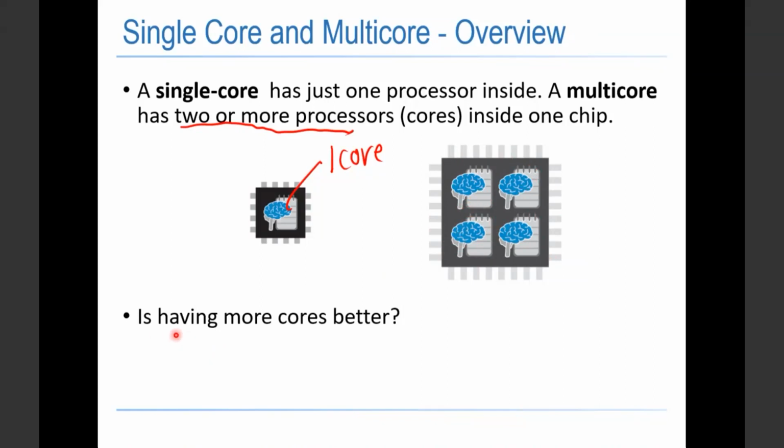The question here is, is having more cores better? Actually, having more cores doesn't necessarily mean more speed. But if your app is optimized for multi-core usage, it will run faster with more cores. That means if your system can fully optimize the multi-core usage, then it will run faster. If not, then the speed is still the same.